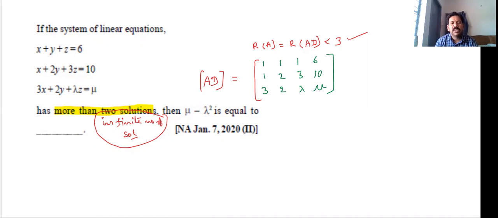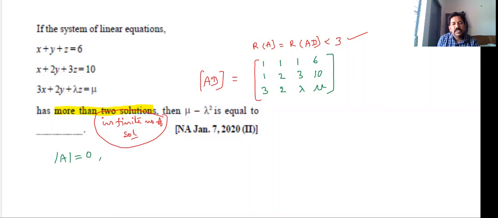One more thing here: rank of A less than 3 means either 2 or 1 now. Rank of A less than 3 means a shortcut condition: Det A is equal to 0. And rank of AD also less than 3.